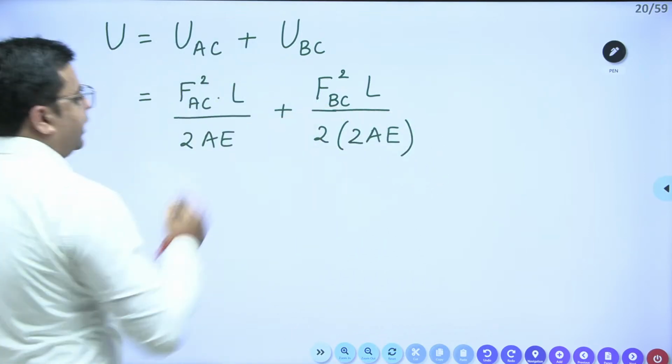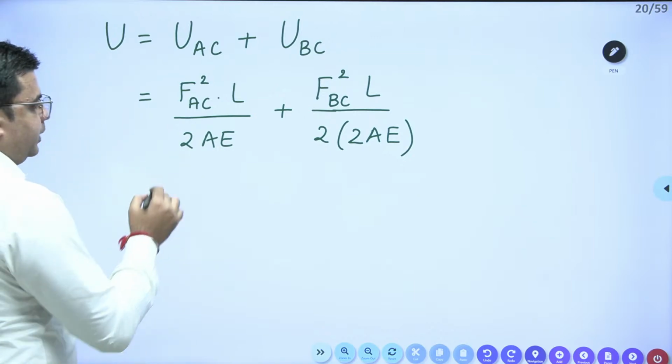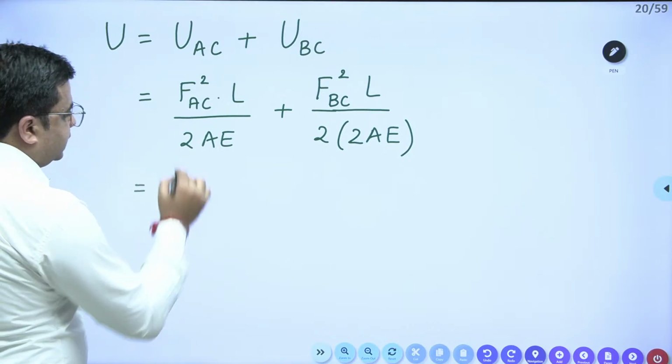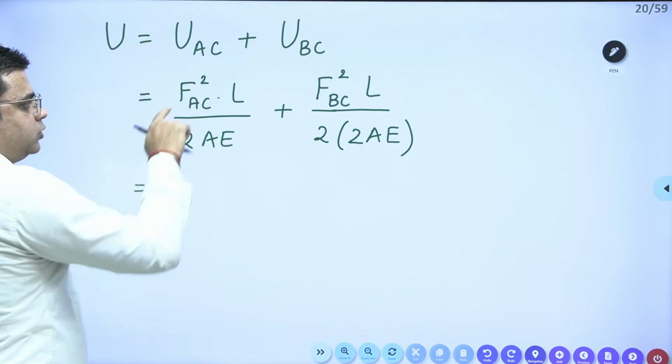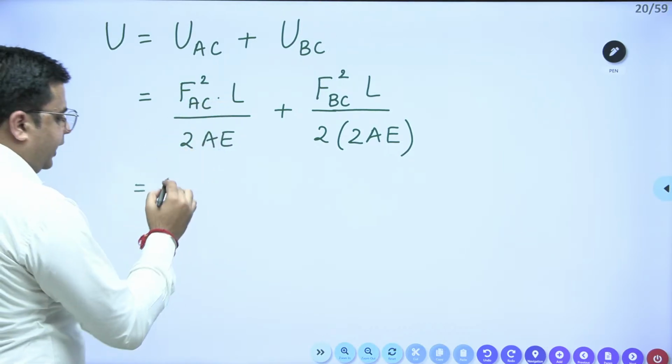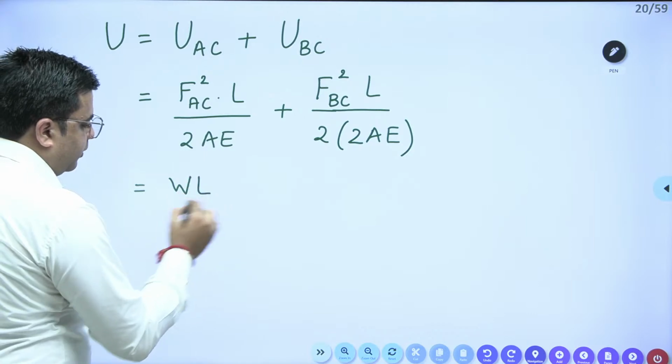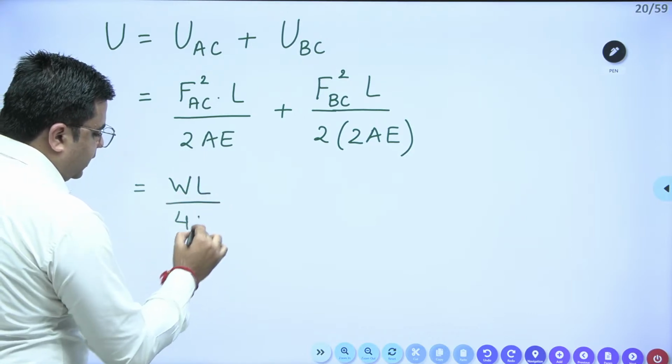Just substitute the value of FAC and FBC. So FAC is W by root 2, taking the square, it will be W square by 2. So W square L by 4AE.